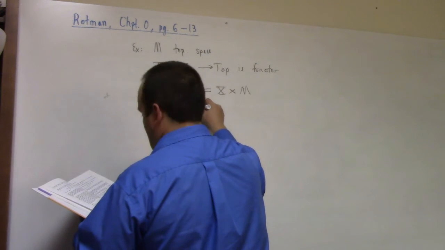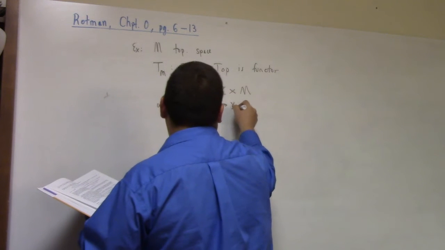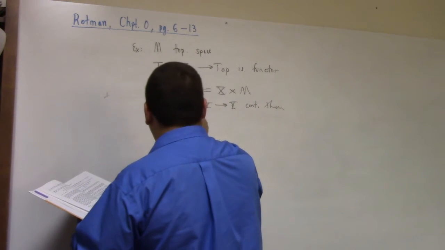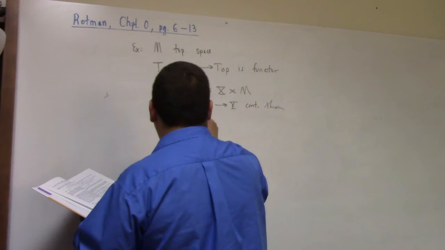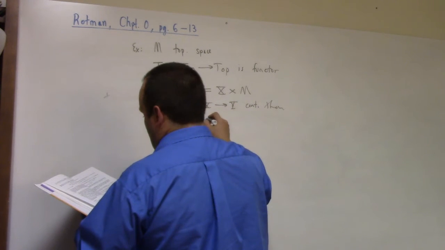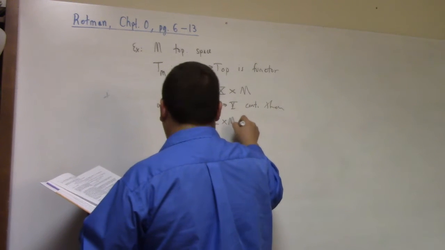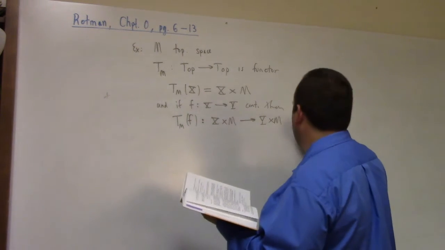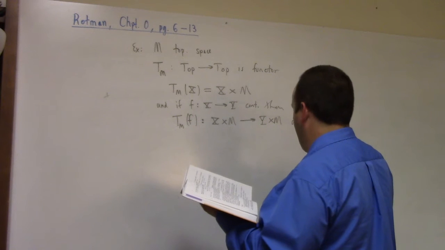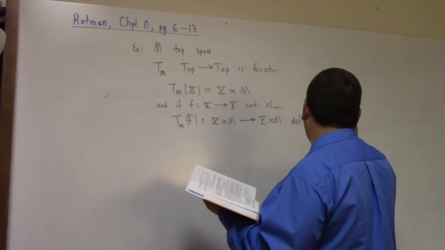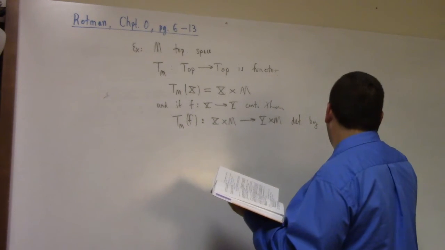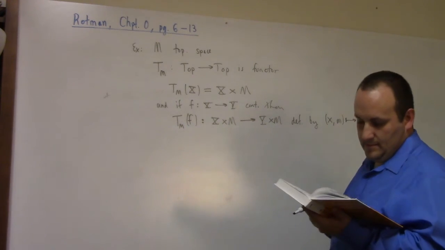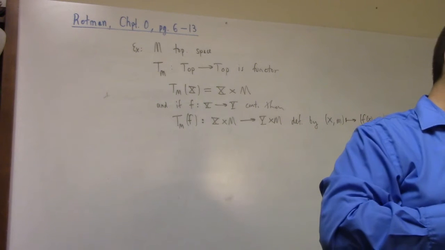If f from X to Y is continuous, then T_M(f) is a mapping from X cross M to Y cross M, defined by (x, m) maps to (f(x), m). It does seem kind of boring, doesn't it?